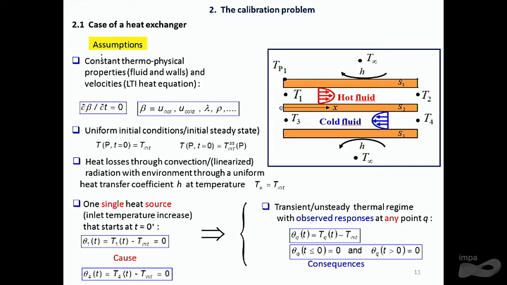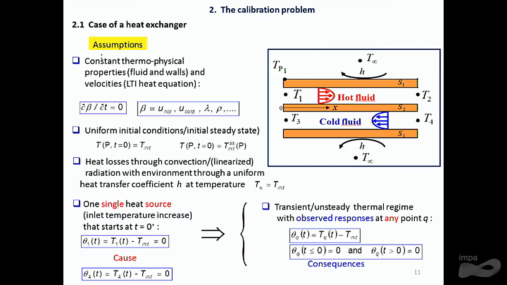So now we'll go to an application. We consider a heat exchanger. For people not familiar with the heat exchanger, in this simplified sketch, it's exchange of heat between two heat flows.